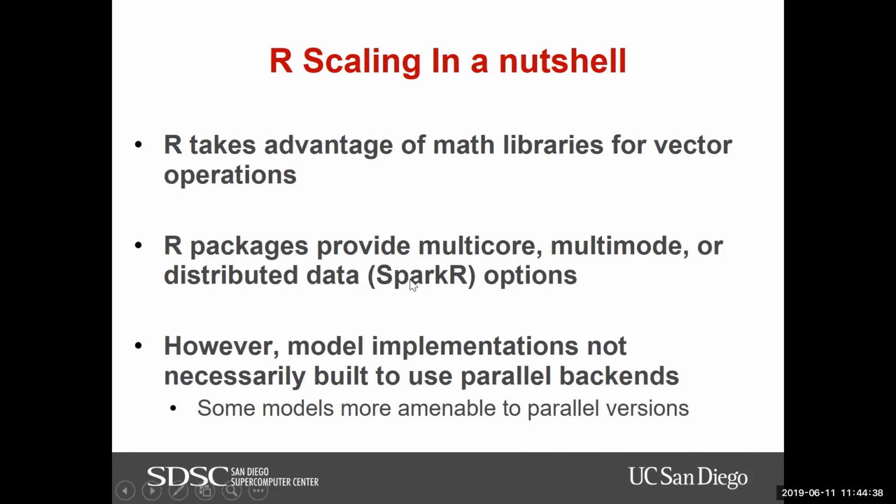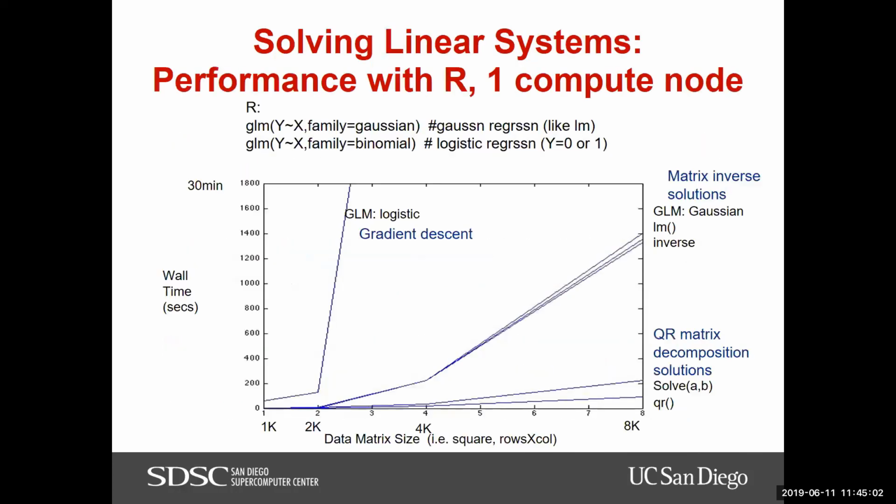SparkR is an option if you have a lot of distributed data. What I find, though, is that sometimes we don't have models that use the parallel backends. So we can implement multi-node execution just using our Unix commands. And I'm going to show you an example of that later.